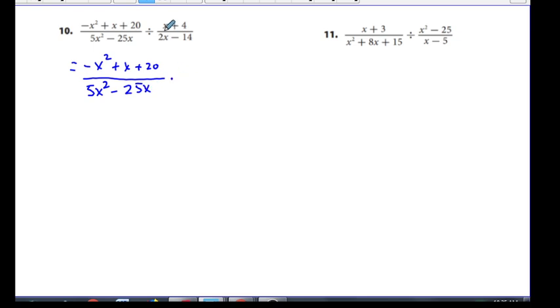And now we're going to multiply by the reciprocal, which is going to be 2x minus 14 over 2x, x plus 4.